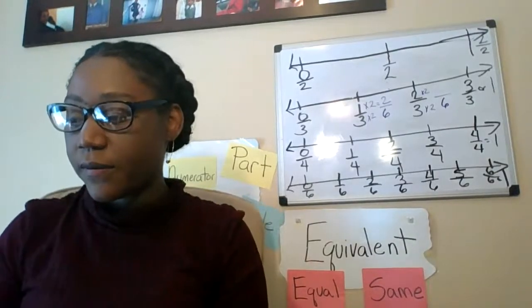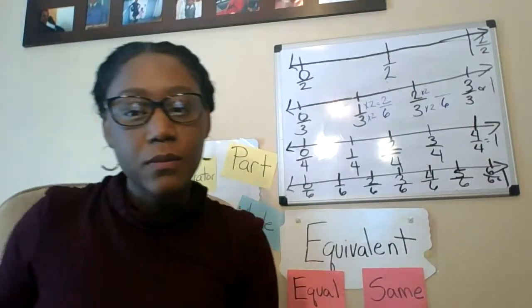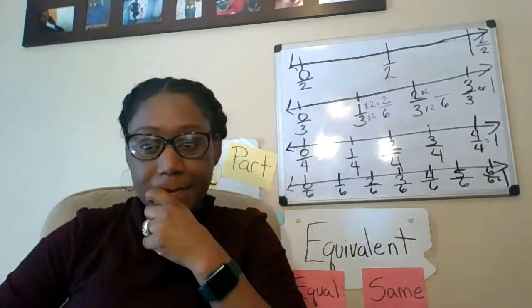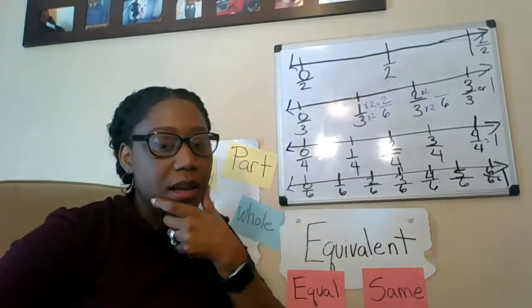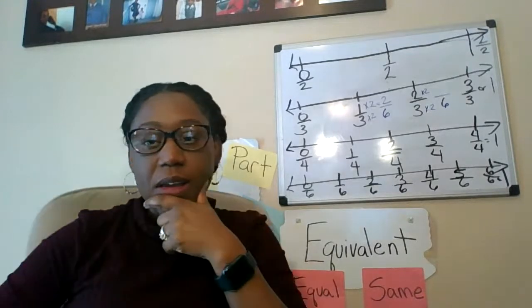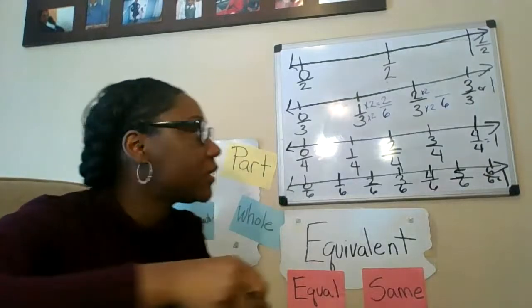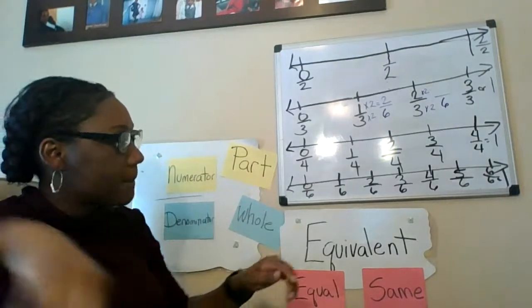Give me some equivalent fractions. All right. Okay, 1/2 is equal to what? Okay, 2 sixths and 3 fourths. Let's look at that one. 2 sixths and 3 fourths.